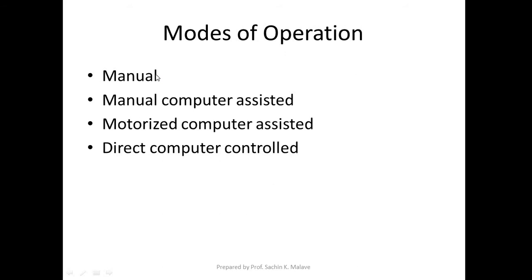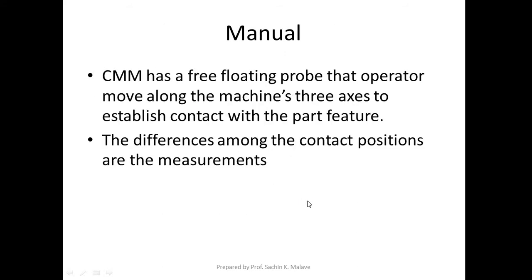Whenever we say there is manual control, it means that in this case the operator has to move the probes for making contact with the workpiece. As I told you, in a CMM the measurement is done by touching the probe. So the probes have to be touched at proper locations. This work is done by the operator who is operating the CMM.